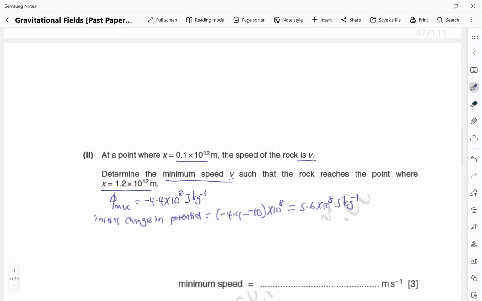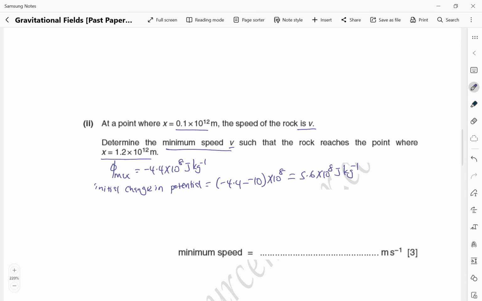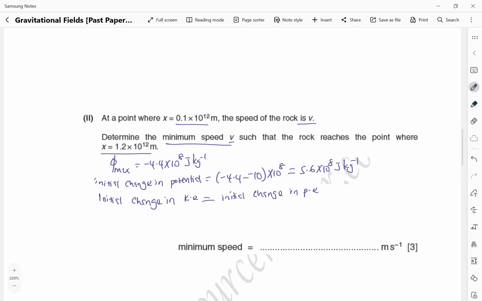And by conservation of energy, the initial change in kinetic energy should be equal to the initial change in potential energy.